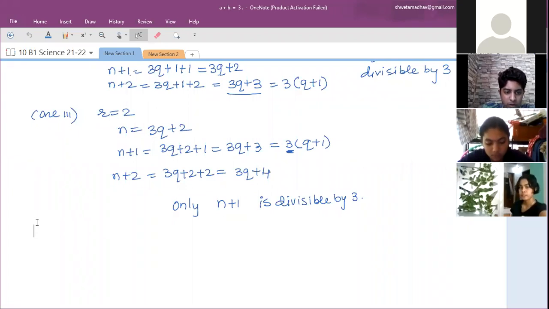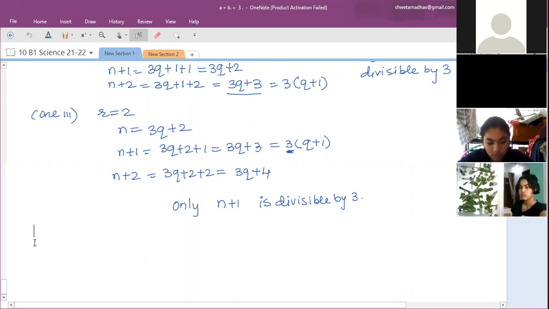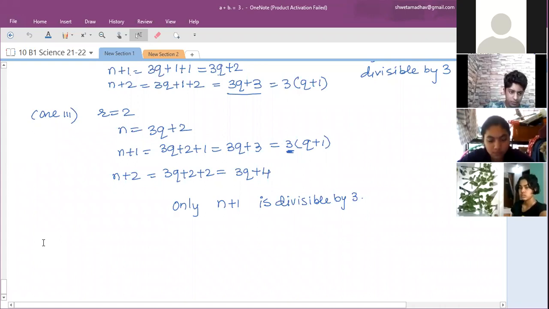Ma'am, so we should write even the conclusion? Yes, at the end you have to write the conclusion. You can copy the question as it is, other than the prove part.